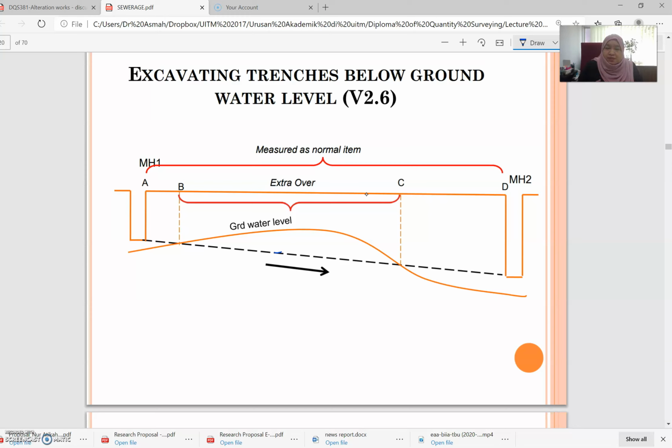Why? Because the price, how they work at that particular area, will be different. Of course, that will include machineries, labors, preparation costs, and so on. So this is below groundwater level, and this area you mention as extra over.